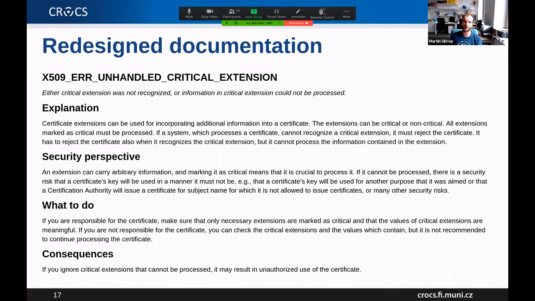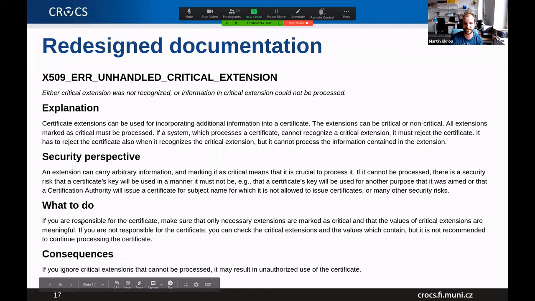For managers, consequences and security perspectives were much more important than what to do and explanations, because they would not be the people doing the what to do stuff and needing to explain the situation to other developers. So overall, none of the parts was hated or loved too much.